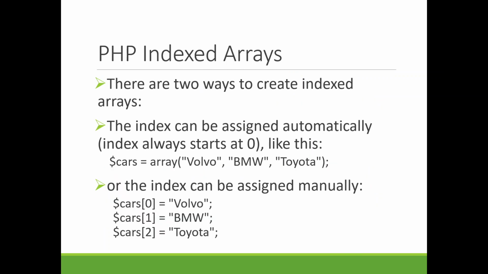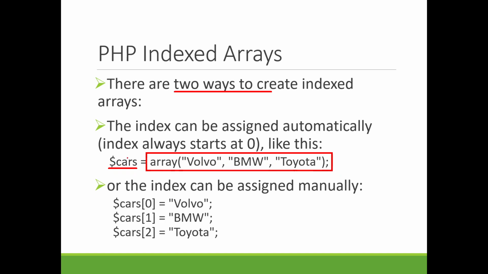So let's have a look at indexed arrays. There are two ways to create indexed arrays. The first way is by creating a variable, then you use the array function like that.